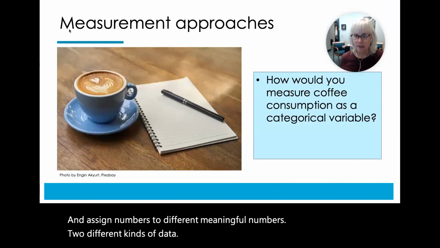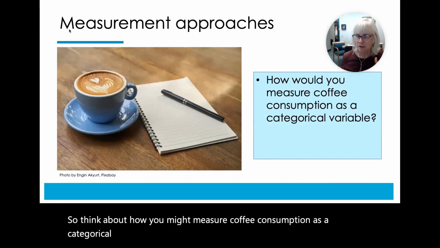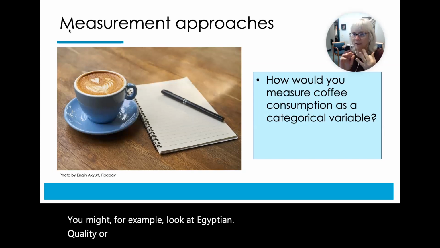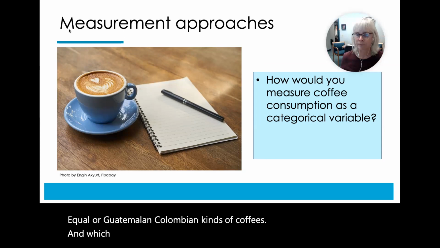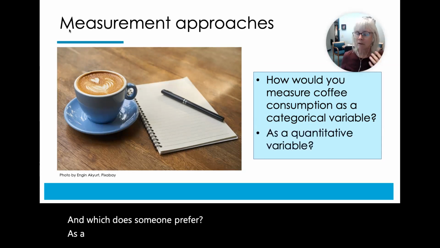So think about how you might measure coffee consumption as a categorical variable. You might, for example, look at Egyptian or Guatemalan, Colombian kinds of coffees, and which does someone prefer. As a quantitative variable, you might look at the amount that someone consumed in a day.